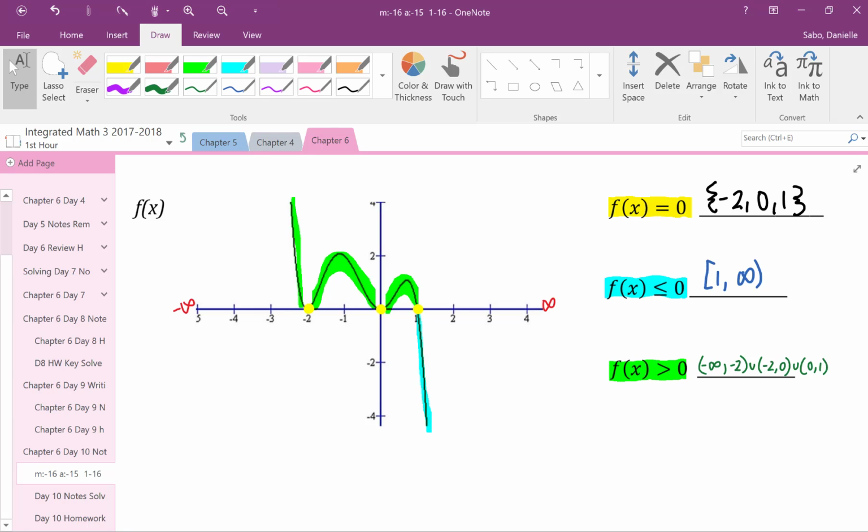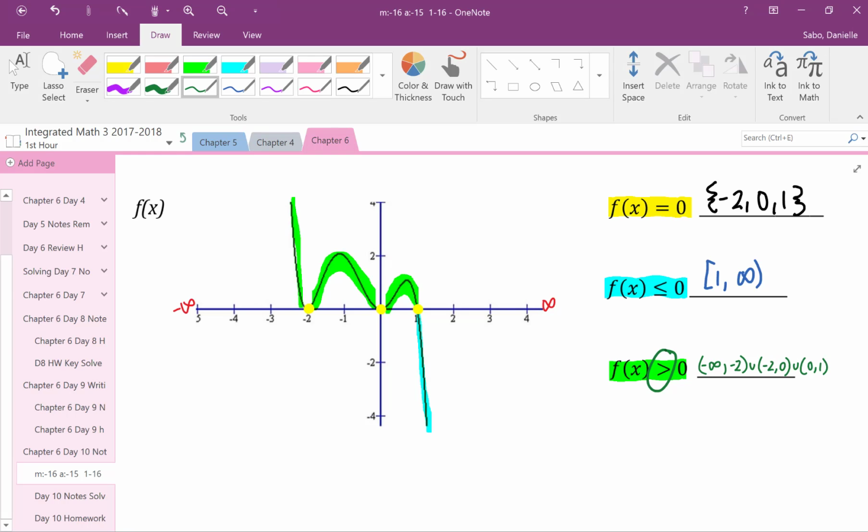Okay, so it looks like as I walked around, you did very well. However, this one in green kind of stumped a few of you. I saw it very commonly when I walked around that you had just negative infinity to 1. I totally get why you did that, and I thought the same thing right away. But here's why you can't say that. Because this is a greater than sign. It doesn't say greater than or equal to 0. If it said equal to 0, I'd say yes, you're right. But it doesn't.